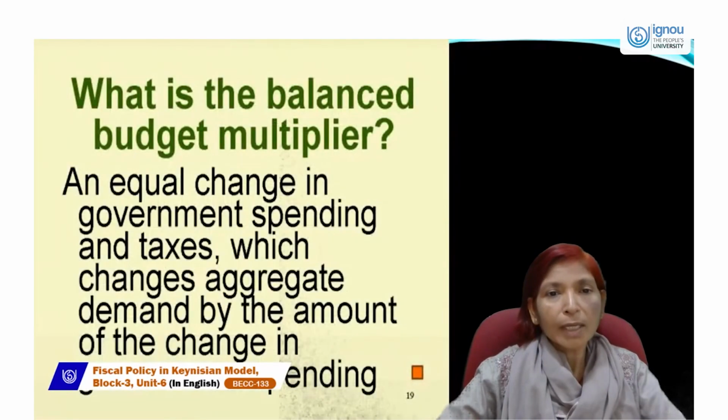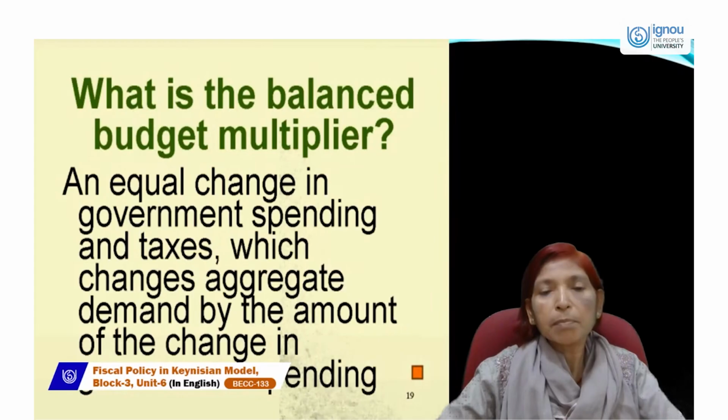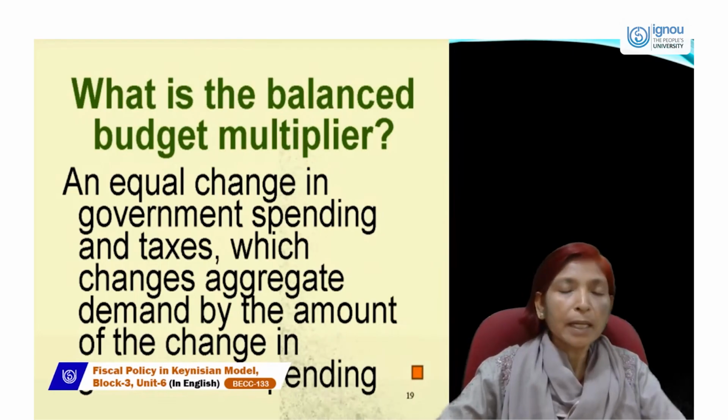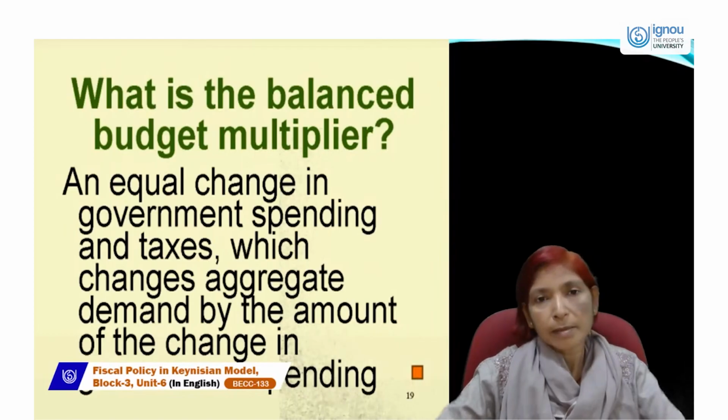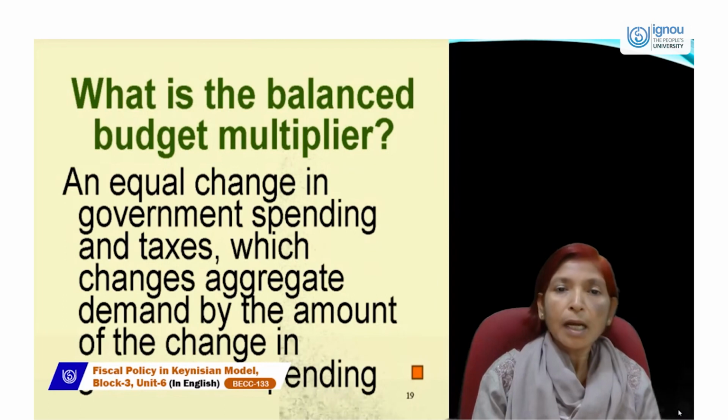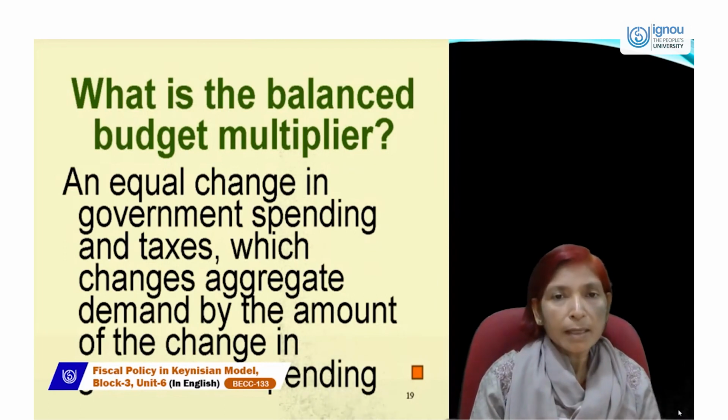Now next is, what is the balanced budget multiplier? Balanced budget multiplier shows the change in government spending and taxes. Here three words have some meaning, like balanced.